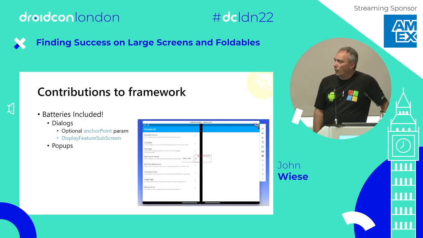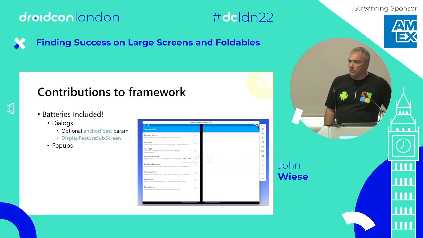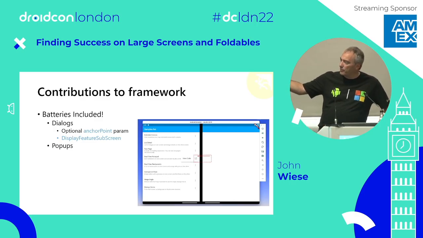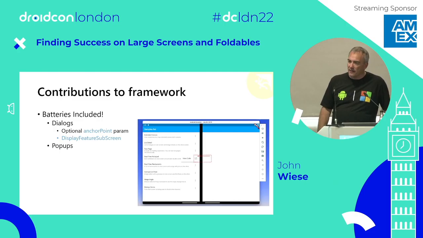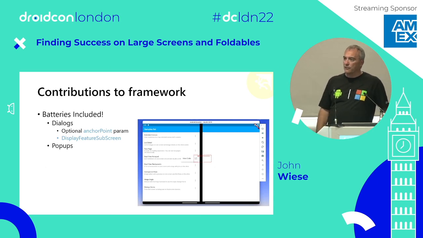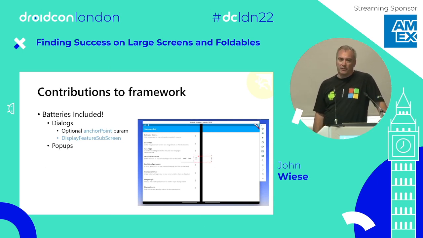We've done the same thing for pop-up menus, so drop-down boxes and pop-up menus. You see the red box kind of showing you where it would have been, and then you see that it's actually displaying on the correct side there, with the enhancements that we've made. Again, all of this you get for free, hence the batteries included. No work for you. If you just use the framework capabilities, you get all that out of the box.